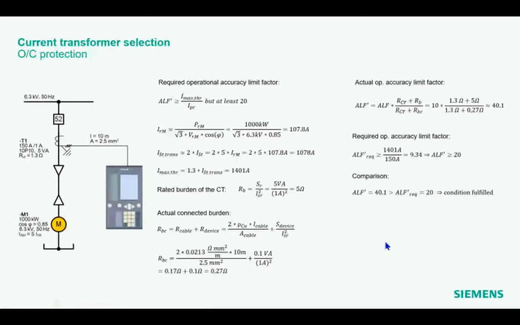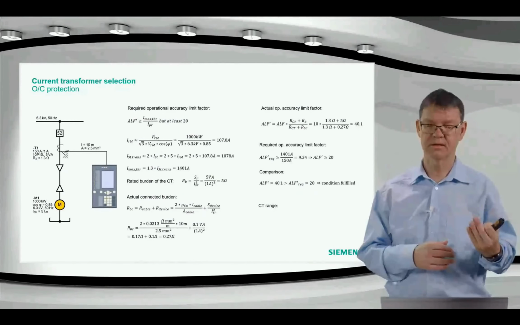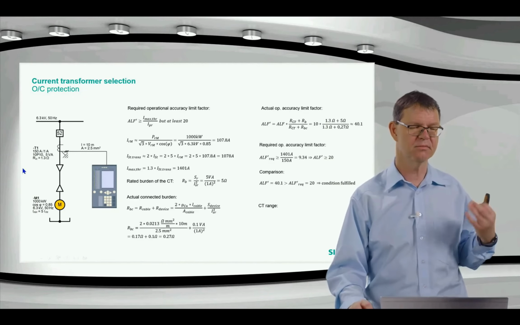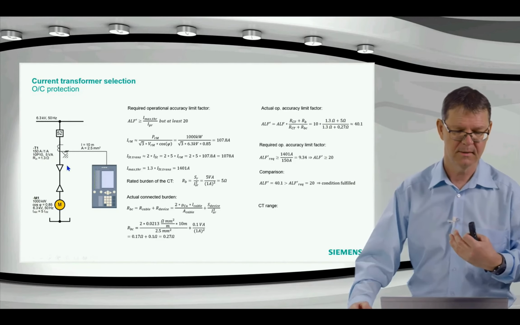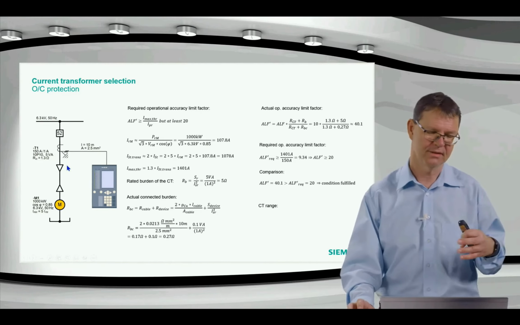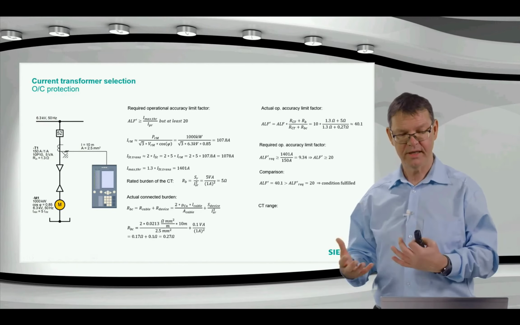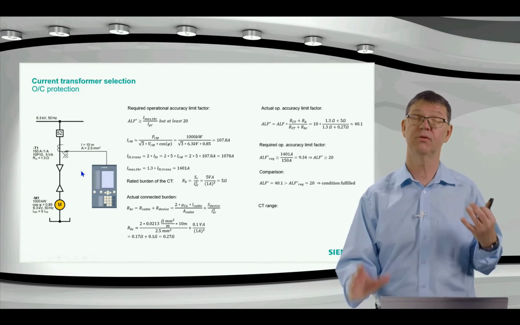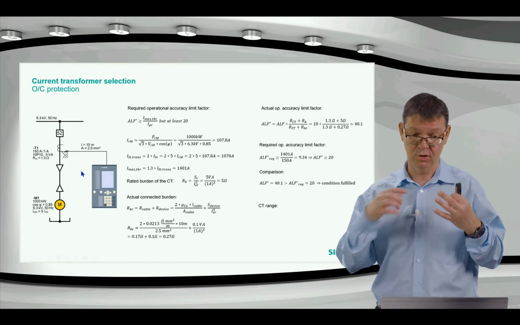Only a short word about the CT range. This is not relevant in our case now for the overcurrent protection. Here the idea is to check in a second step, when I select a certain current transformer, do I see in the relay, with such a current transformer and the maximum fault current, the full curve?